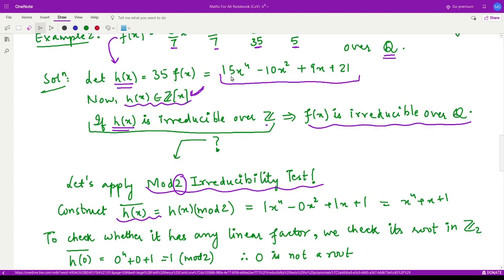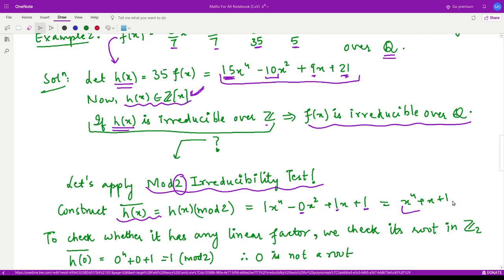Our hx was 15x to the power 4, so it would be 15 mod 2. When you divide 15 by 2, you get the remainder 1. So it would be 1x raised to power 4 minus, when you divide 10 by 2, you get the remainder 0, so it is 0. 9 mod 2 is 1 and 21 mod 2 is 1. So this is our reduced polynomial.